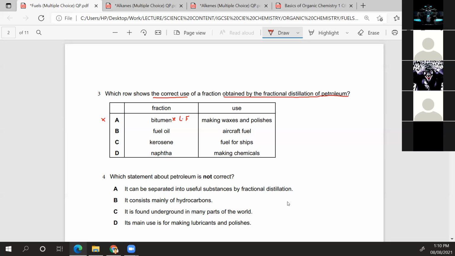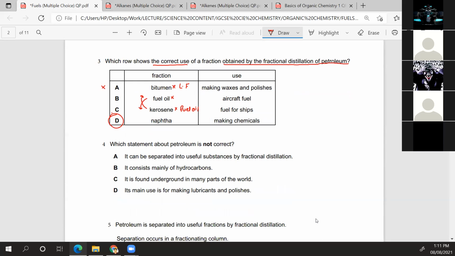Check. No. Then what is that? Fuel for ships. We understood that it is fuel oil. It's like kerosene, right, miss? Yes. And naphtha is for chemicals. So answer is D.